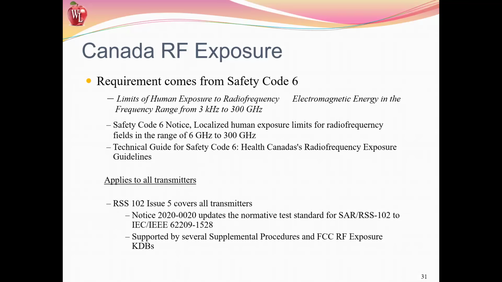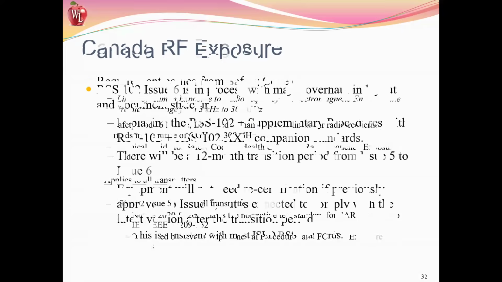It used to be 62209-1 and -2. They've combined those into 62209-1528. And there's several supplemental procedures on RF exposure KDBs. So they do use some of the KDBs that the US used from the US.